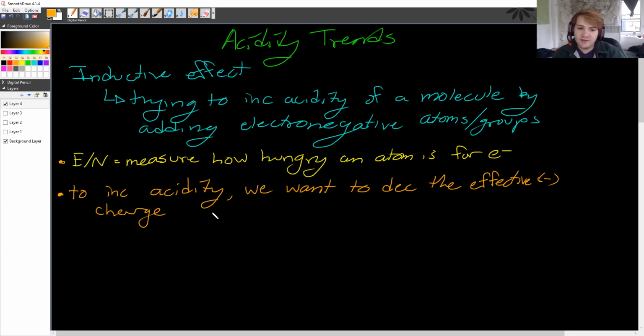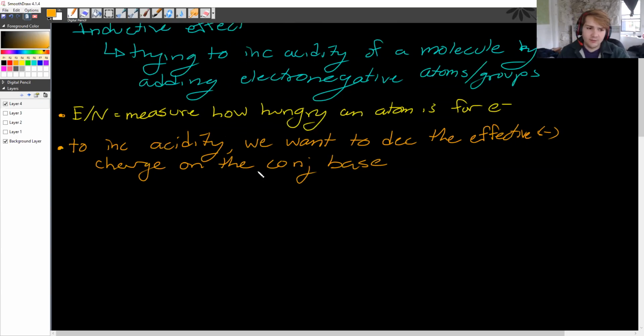To increase acidity, we want to decrease the effective negative charge on the conjugate base. And let's take a look at why that's true.